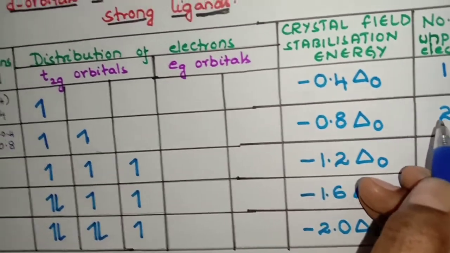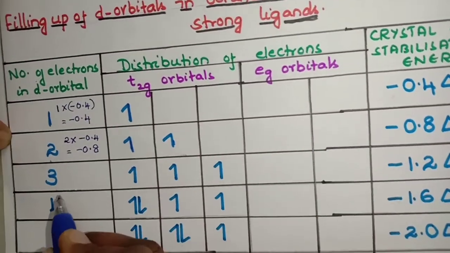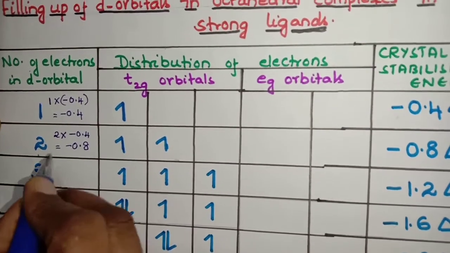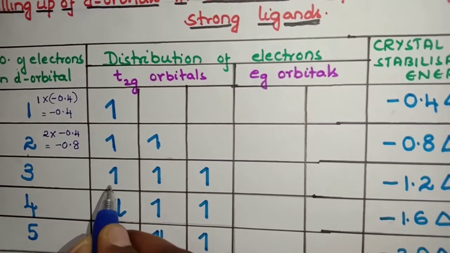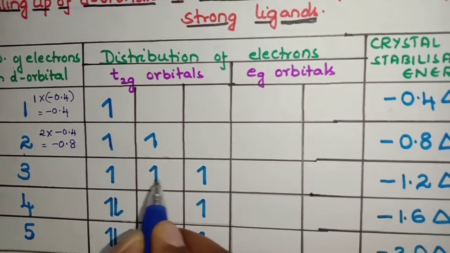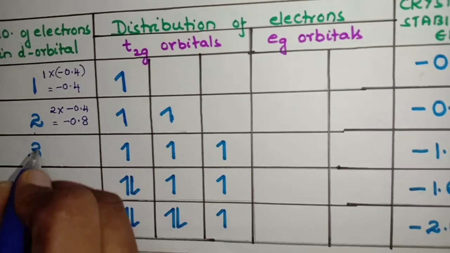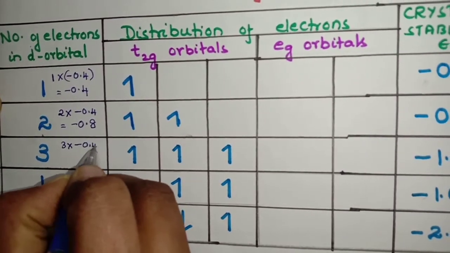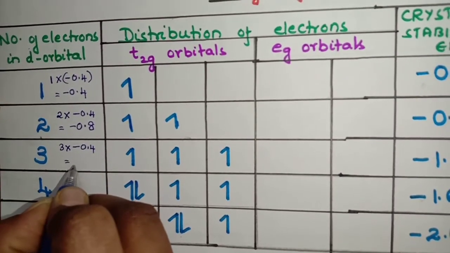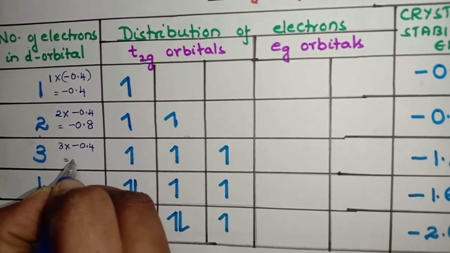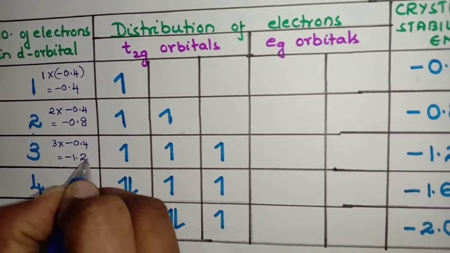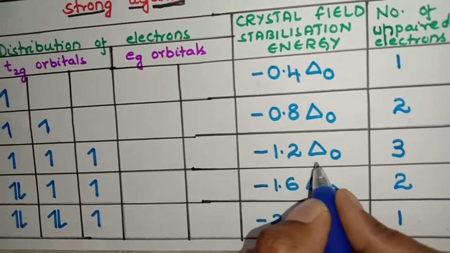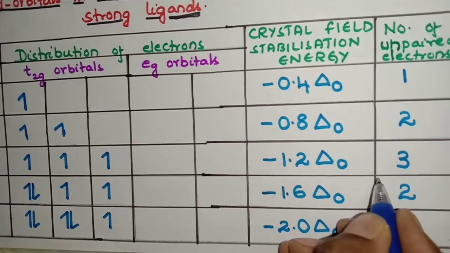Clear? Next, number of electrons in d orbital 3. Where do these 3 electrons go? First orbital, second orbital and third orbital. So CFSE will be 3 into minus 0.4. How much, students? 1.2, so minus 1.2. That will be its CFSE: minus 1.2 delta O units. Number of unpaired electrons 3.